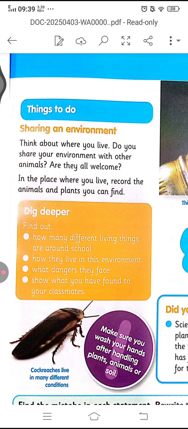We depend on the air or the atmosphere, and we keep it clean. We depend on the water resources and we preserve them. That makes our environment. In the place where we live, record the animals and plants you can find.